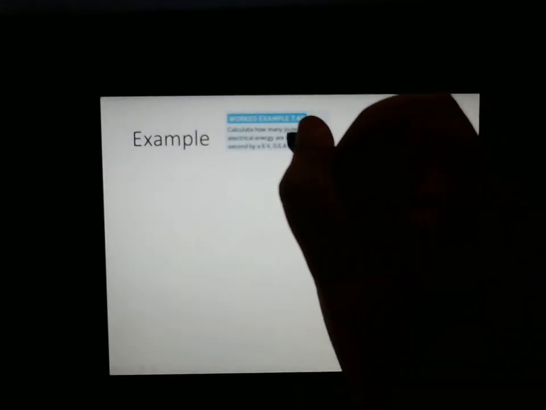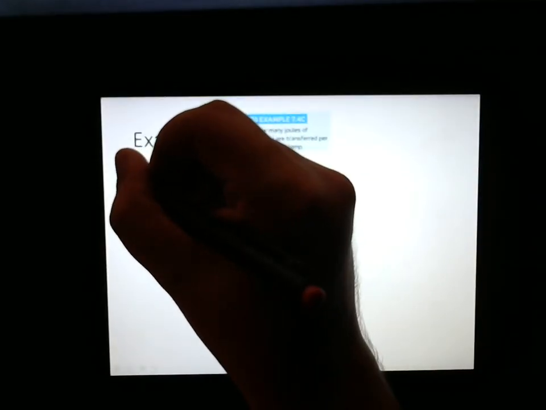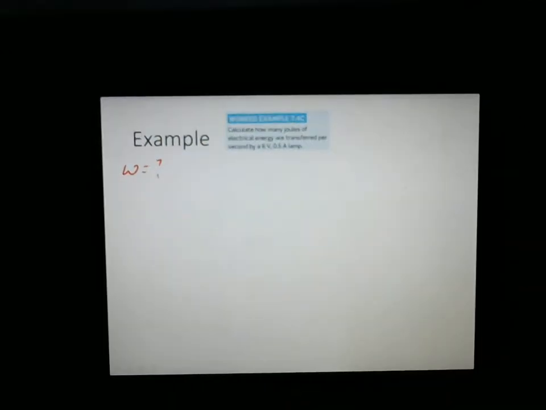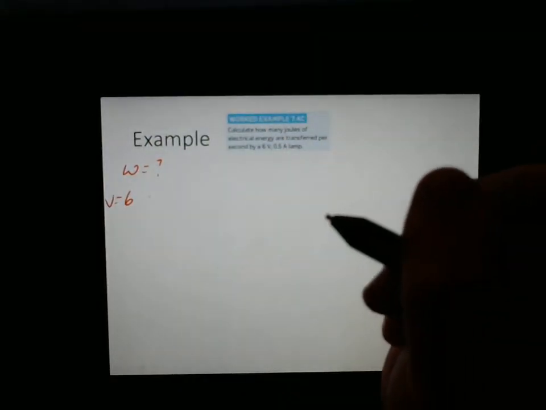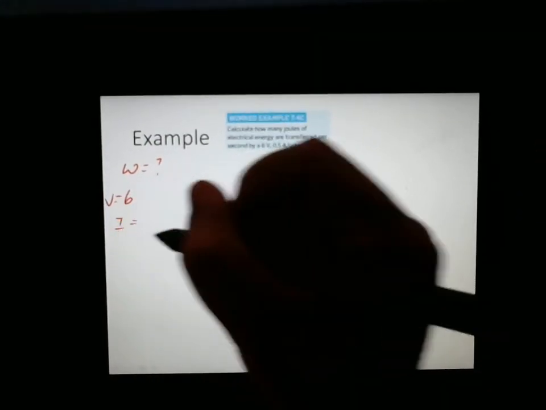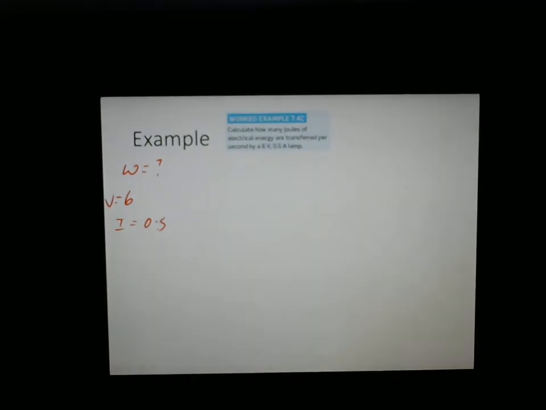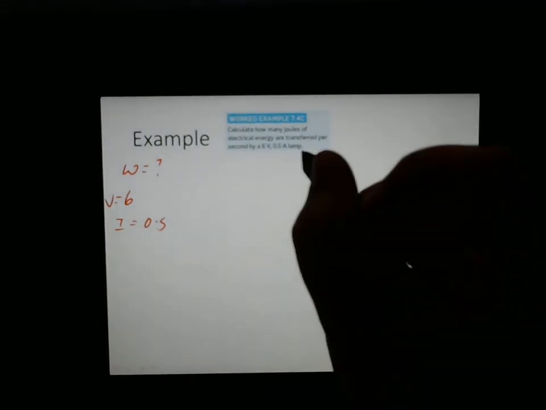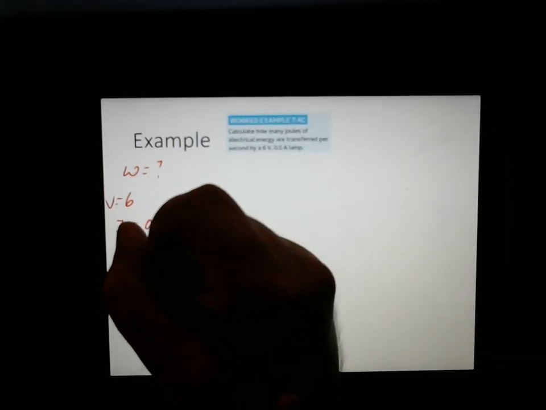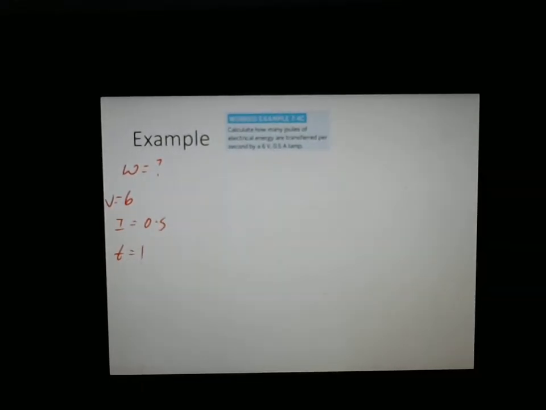We're after how many joules of energy, so that's going to be my work equals unknown, because all my formulas here are dealing with it in work. We've got a 6 volt, voltage equals 6, and it's got a current of 0.5. What we do know, and we're after energy transferred per second, so T equals 1. That'll be nice and easy.